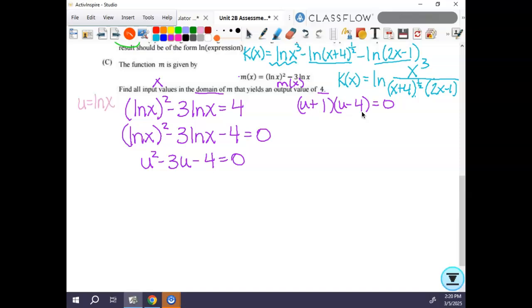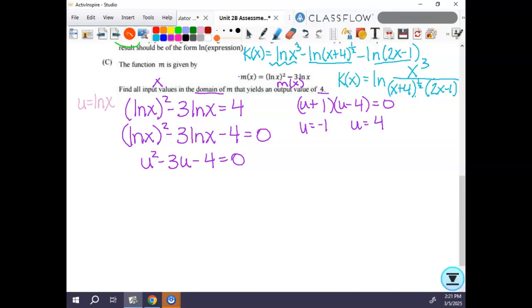We agree with that? So now the next step is pretty much exactly like what we did for quadratics when it wasn't a u thing. I'm going to get u equals -1 and u equals 4. The only difference is we would usually put -1 comma 4, but I want these split up because I'm not actually done now.